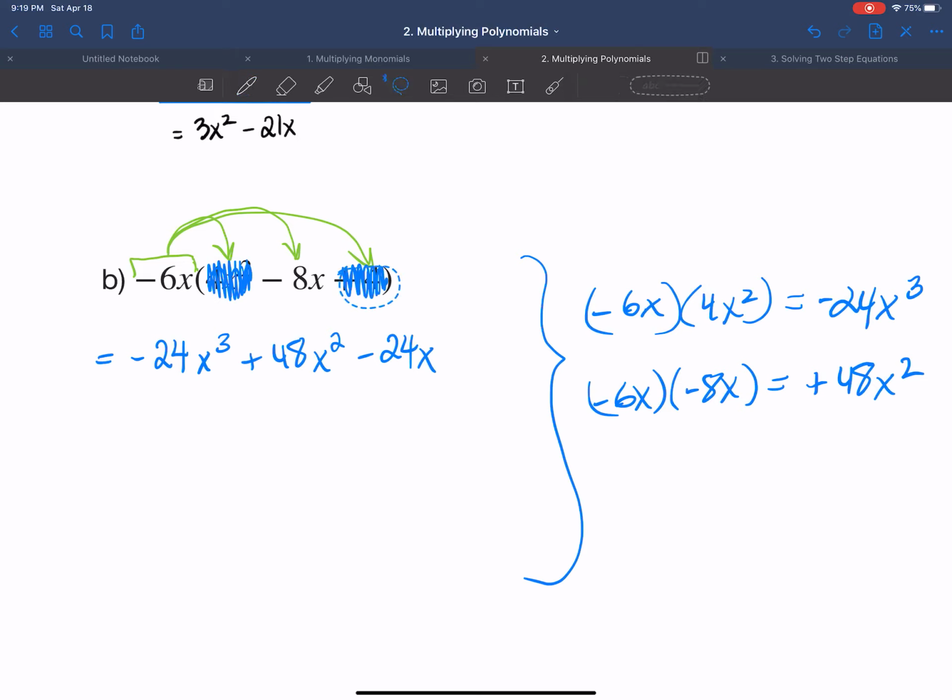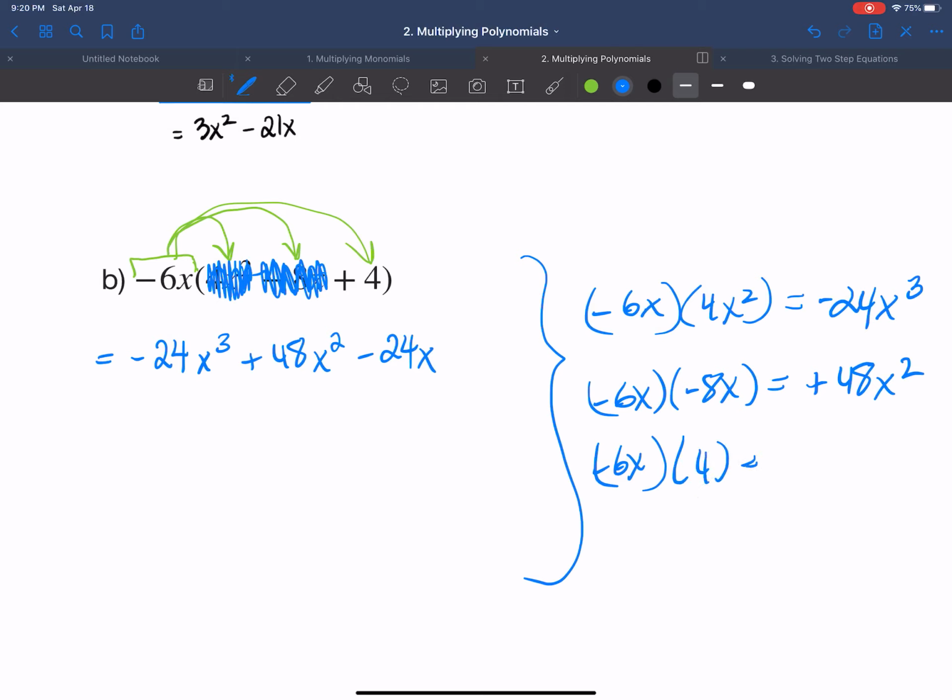And finally, we're going to keep that there and ignore these 2 terms and just look at the positive 4. So negative 6x times 4, negative 24x.